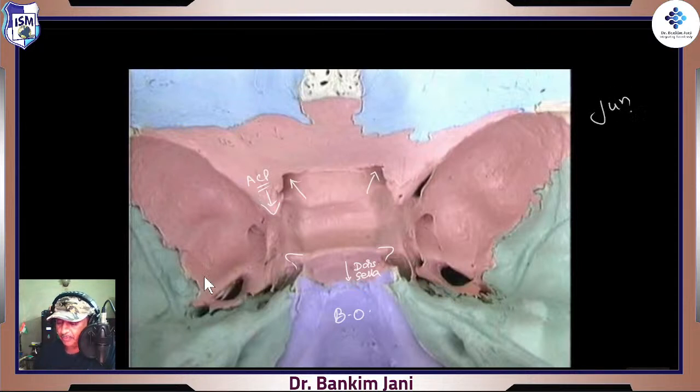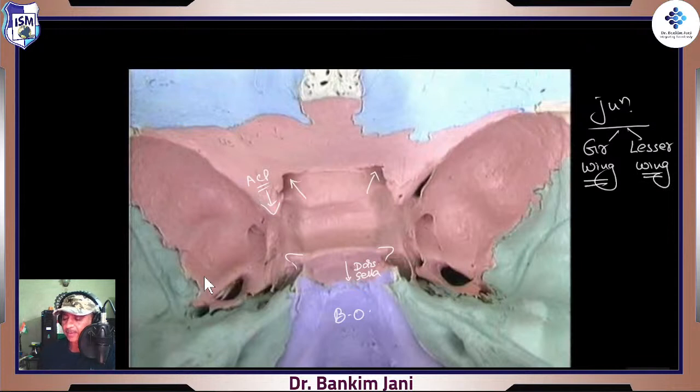Now we are talking about one important thing, the junction between greater wing and the lesser wing. Greater wing of sphenoid and the lesser wing of sphenoid. They both meet. But see, when these bones meet, the trouble with these bones is all these bones are very irregular, right? Even this greater wing and lesser wing, they are big brother, little brother, still there is some gap between them, right?